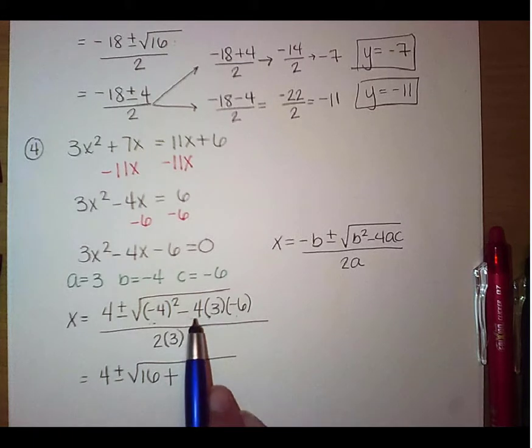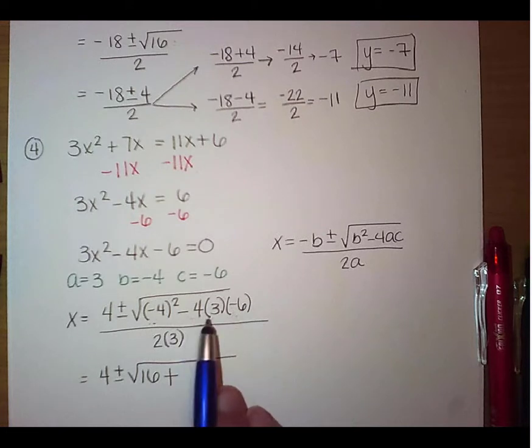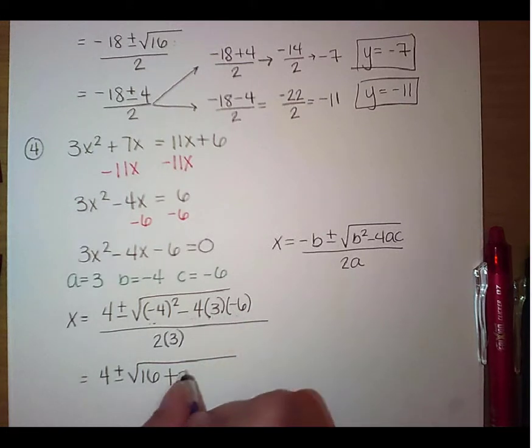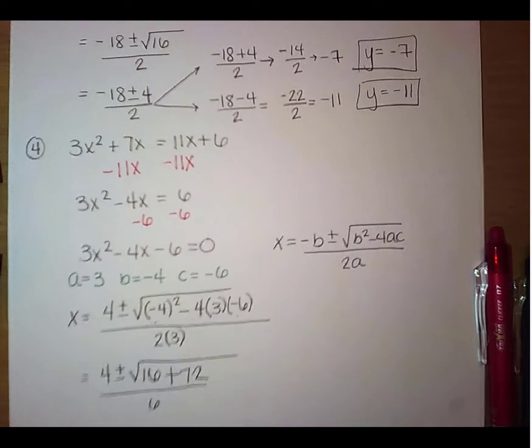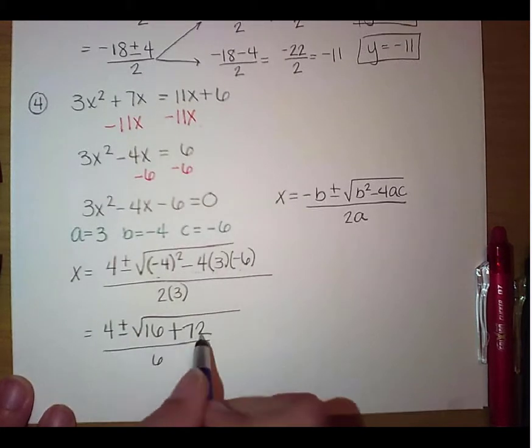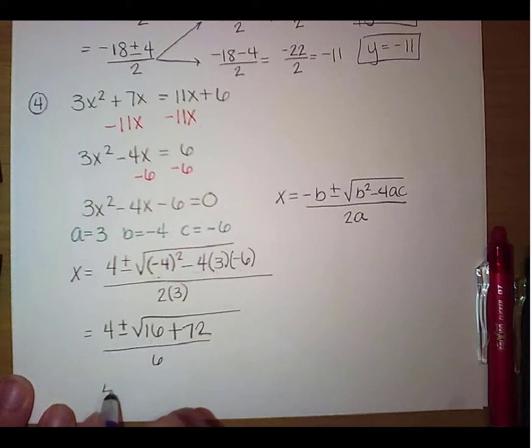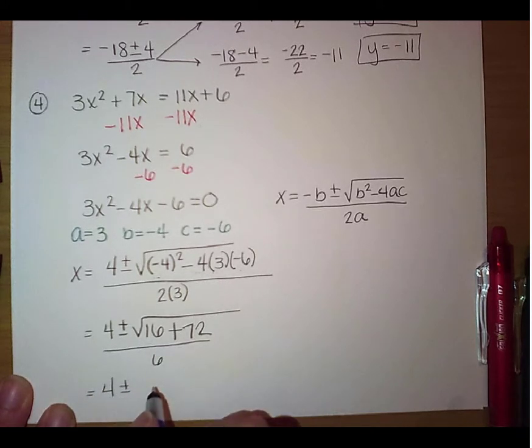And then you can worry about the fact that you're multiplying 4 times 3 times 6, which would give us 72, over 6. Now we can add together our 16 and our 72. So this is going to equal 4 plus or minus the square root of 88 over 6.